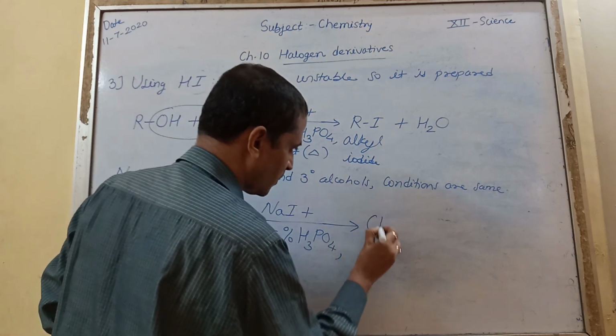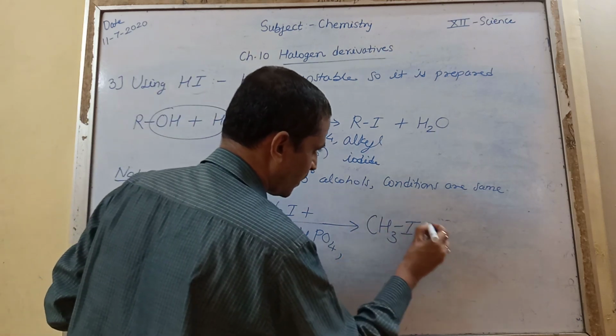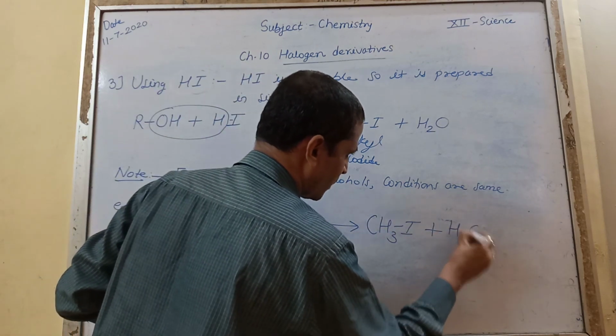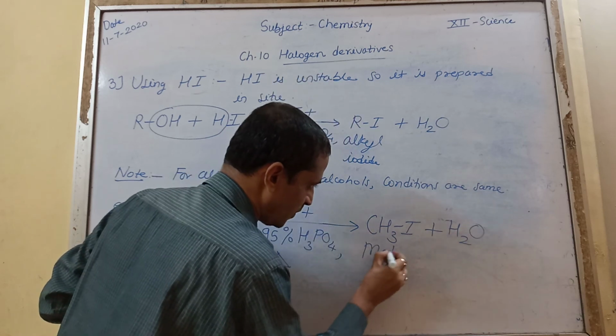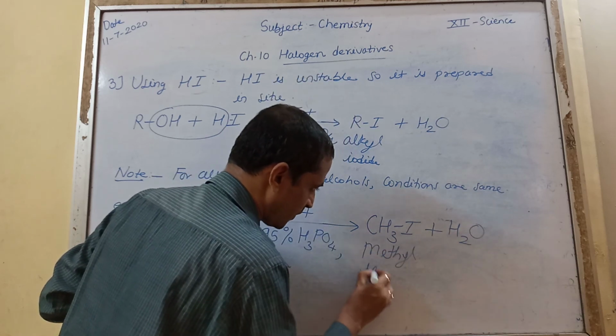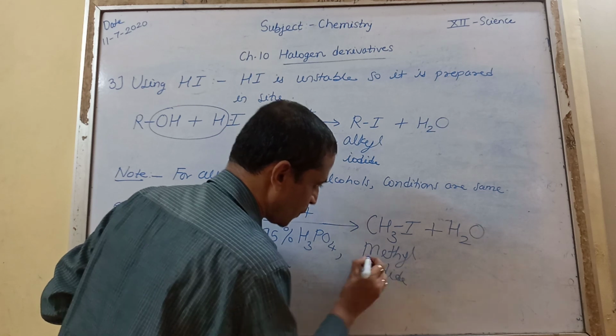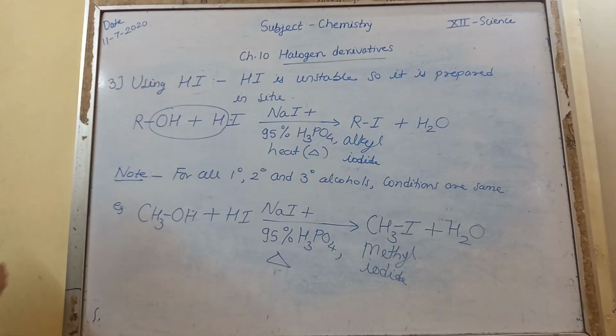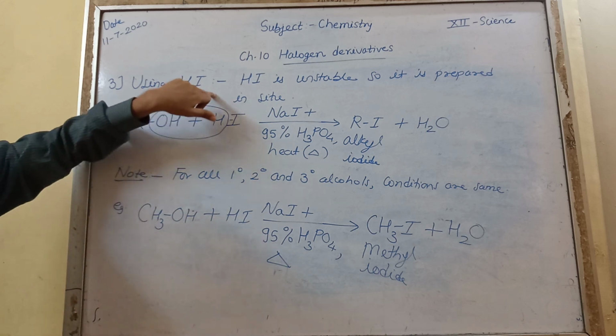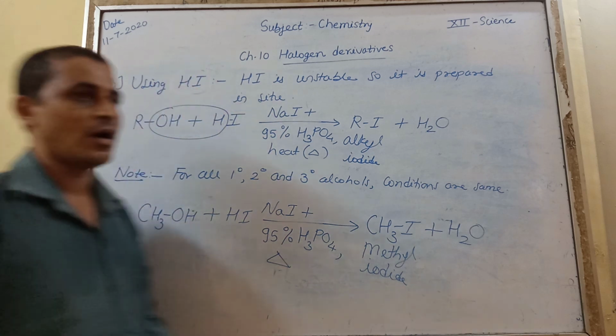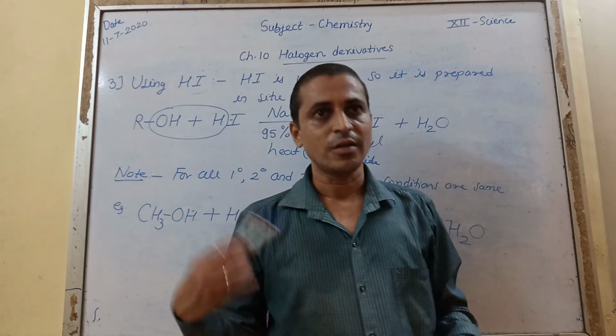So we get CH3I plus H2O, methyl iodide. So we have studied the first method, using hydrogen acid from alcohol, for the preparation of alkyl halide. I hope you understood this concept.